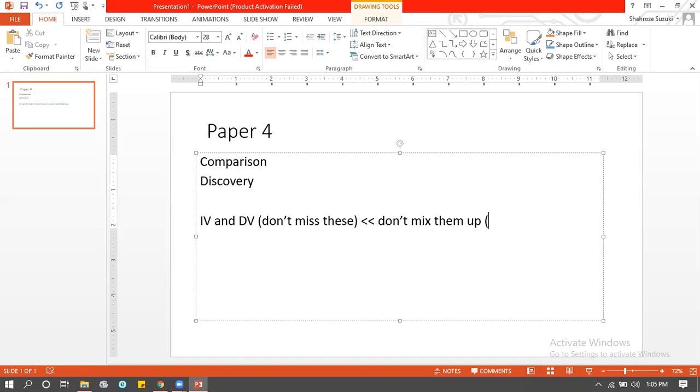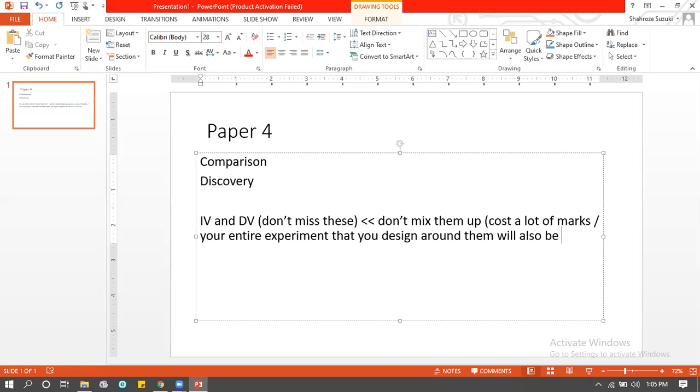Because they cost a lot of marks, right? They cost a lot of marks, and if you mix them up, your entire experiment that you design around them will also be majorly wrong. So you don't do that, right? So don't get your IVDVs mixed up, right?